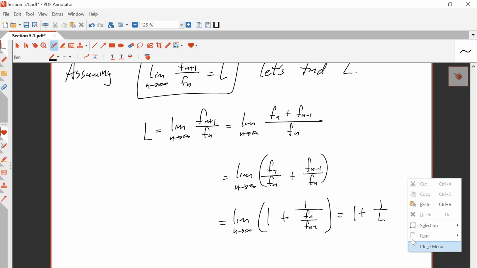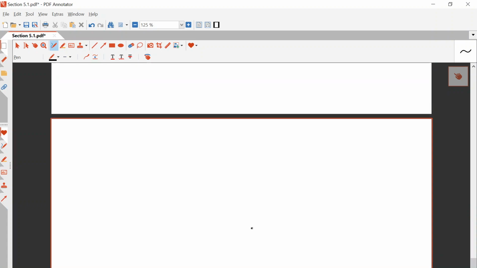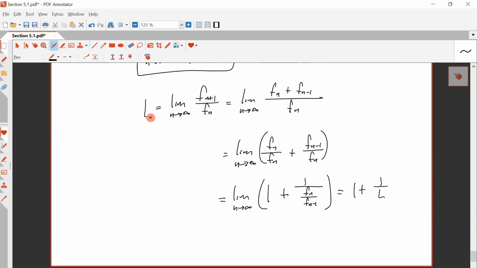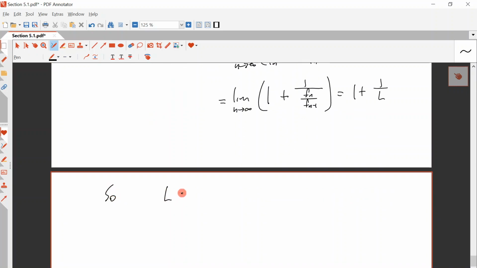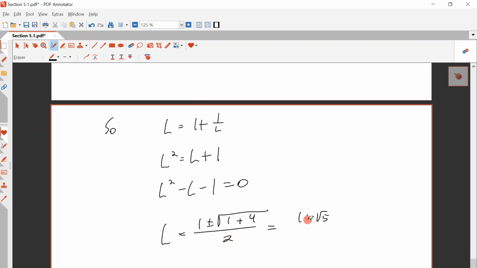So now we've got this equation for L. L is equal to 1 plus 1 over L. So L squared is equal to L plus 1. So L squared minus L minus 1 is 0. So L equals 1 plus or minus the square root of 1 plus 4, over 2.